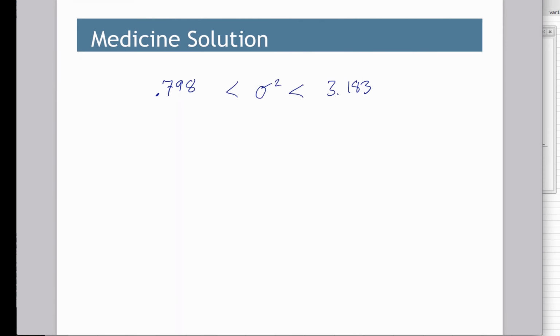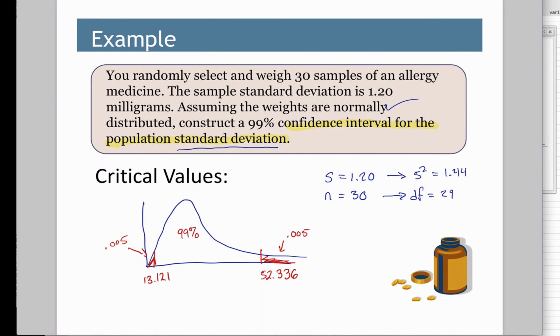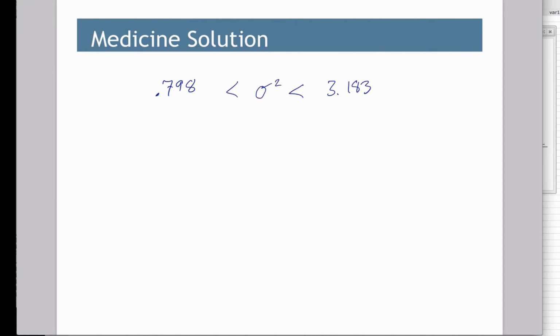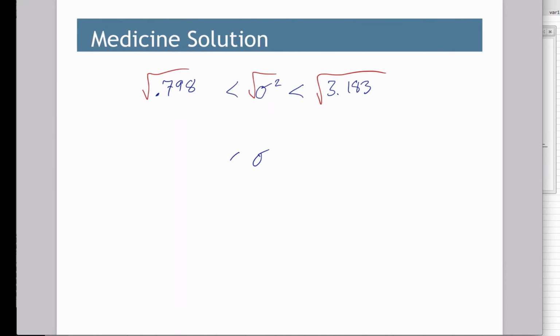So if I flip back over here, it gave me that interval. But again, I want a confidence interval for standard deviation. So I need to take the square root of all of these to turn them into a confidence interval for a standard deviation rather than a variance.